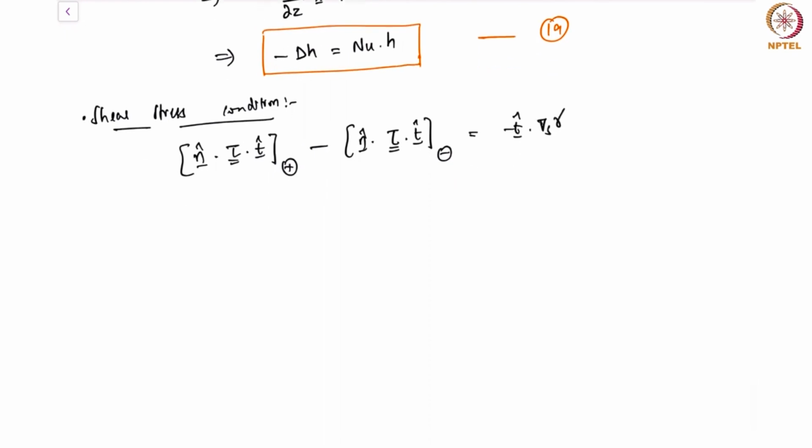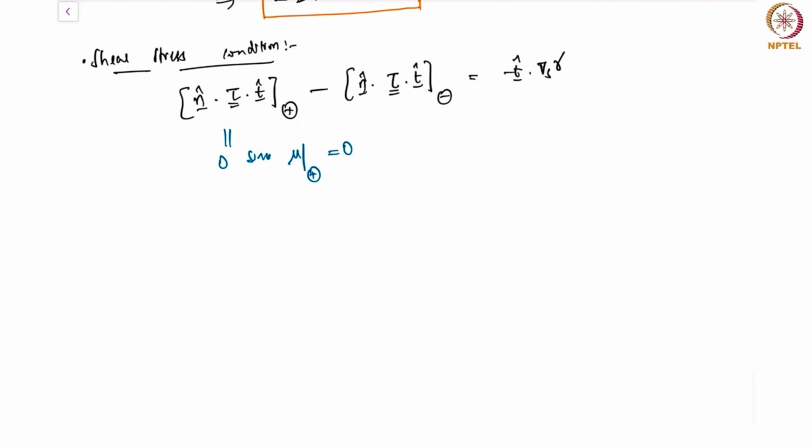We had also said that the gas above is passive, so the above terms are identically 0, since mu of the fluid above is 0, right? Further, we have said that the interface is flat. Here z is equal to 1 is flat.